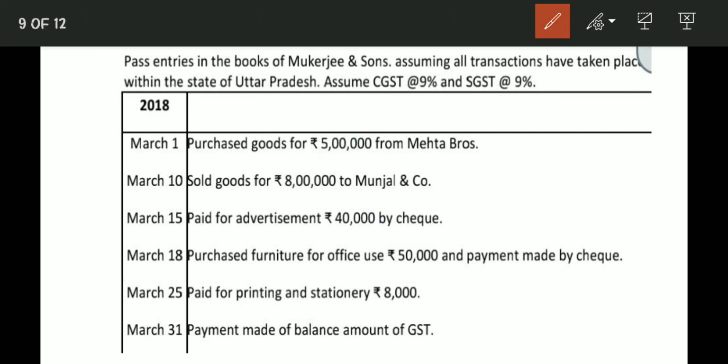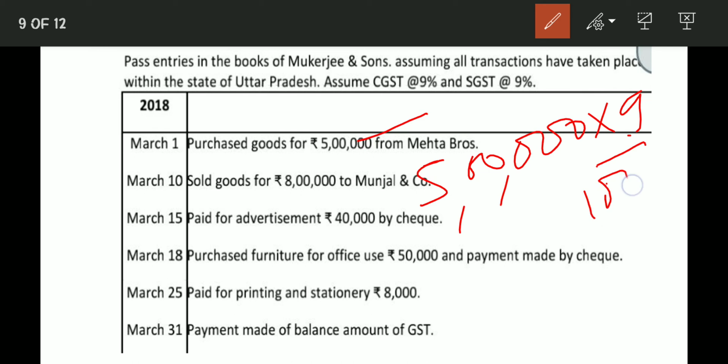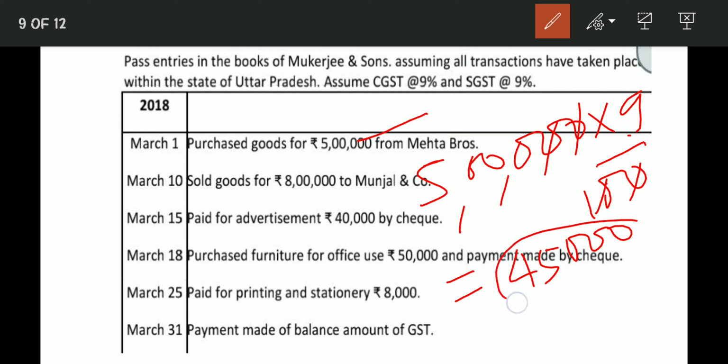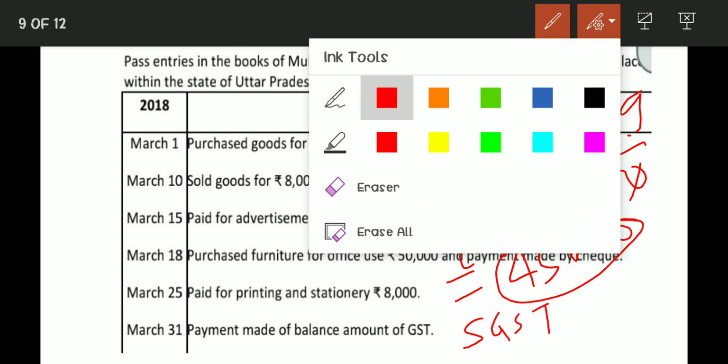You have to calculate GST. How can you calculate 9% GST? That is 9 into 5 lakh upon 100. So 9 fives are 45, that is 45,000. So CGST and SGST are both 45,000, right?